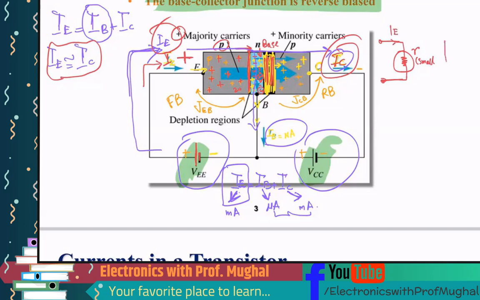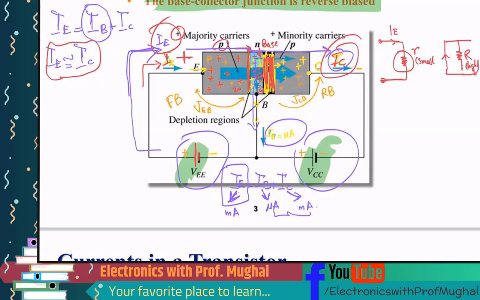And then you have this region over here. This resistance, I'm going to say R in caps. Because you have the depletion region, which is a very big one, R is going to be high, but you still have the same current flowing here, IC, and they are both equal.